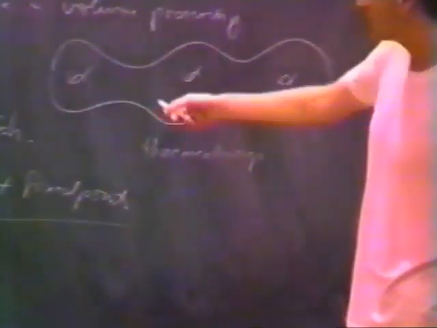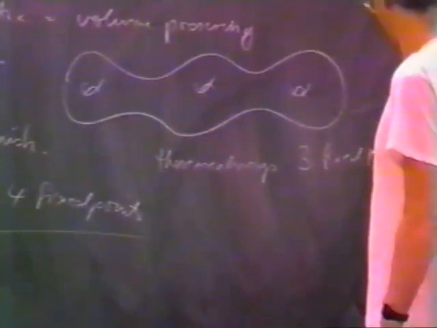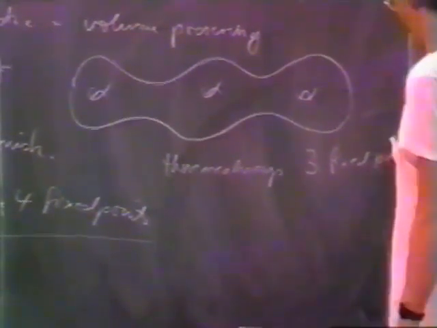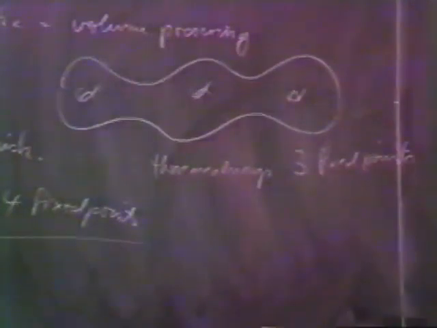But if they're non-degenerate, then there are 2 times g plus 1.